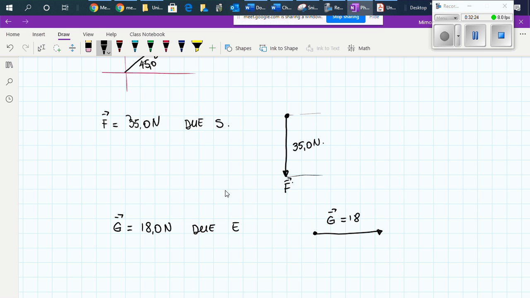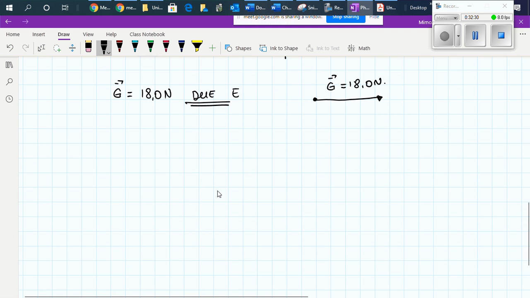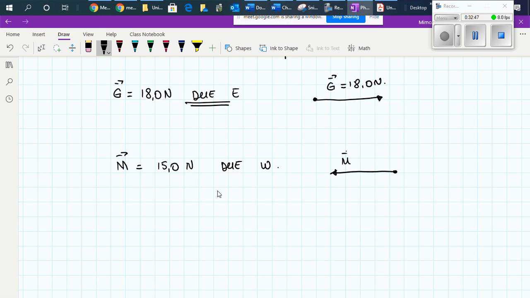As you see here, we do not state the angle. Or if we have a vector M with magnitude of 15 newtons due west, then the way that you will represent it is a vector that goes like this with magnitude of 15 newtons.